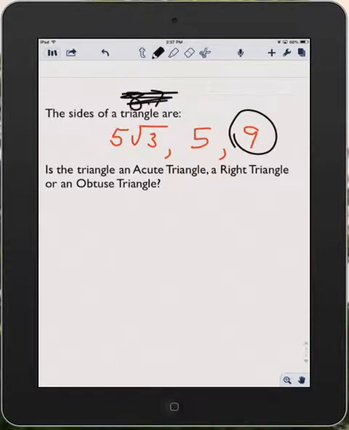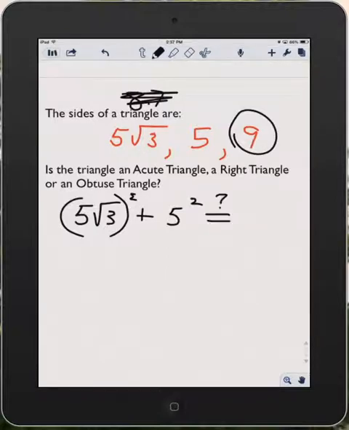So we want to work with exact values here. We don't want the approximation. That was just to figure out if the first number was larger or smaller than the 9, which is obviously larger than the 5. So we have 5 square root of 3 squared plus 5 squared.